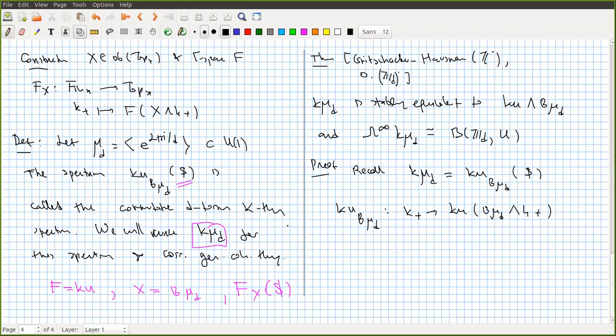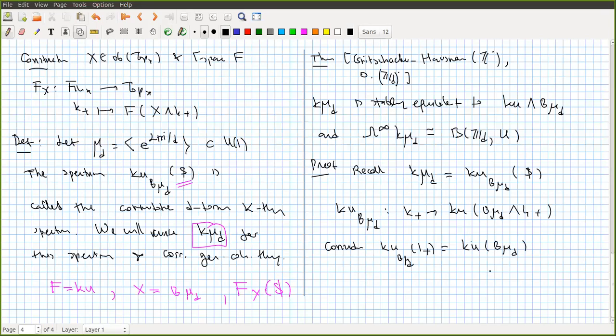So let's start by considering the value of this Gamma space at 1⁺. By definition, that is smashing Bμ(D) with 1⁺, which is just Bμ(D). Therefore, this would be just K_μ Bμ(D).